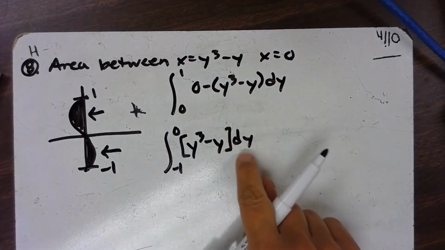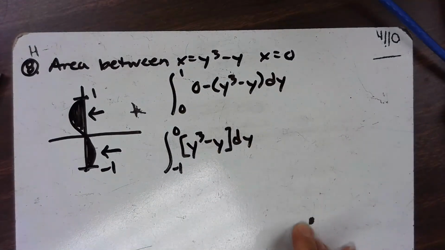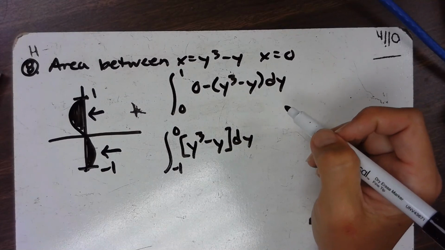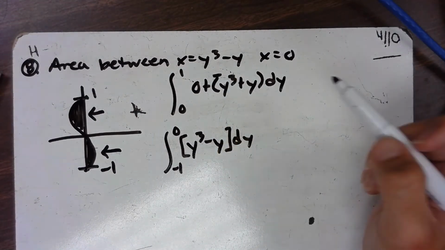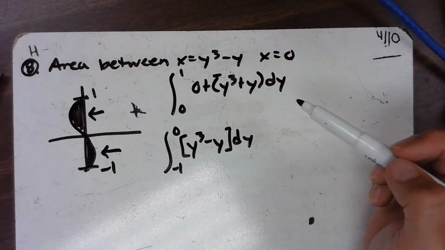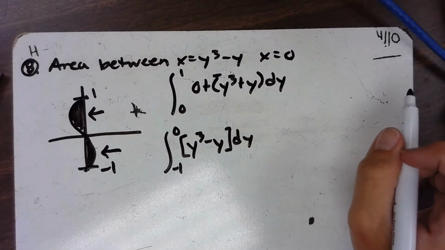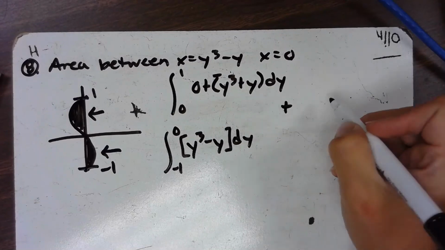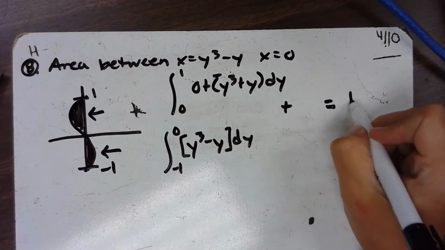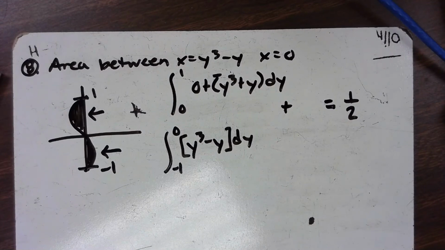All right, and I can say minus 0, but it's not going to have any effect on it. Here I would have to distribute. Okay, and then we would do the math on it, and I'll let you go ahead and do the math. I'm going to give you the final answer. Once I add both of these integrals together, you should get 1/2.